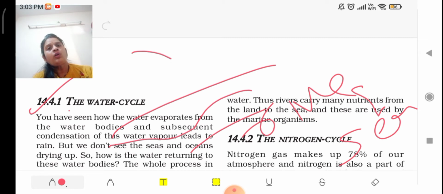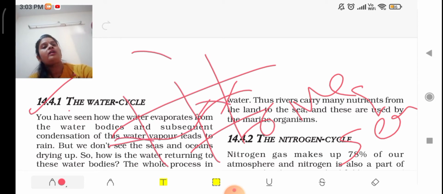Okay, but not all of the water. Some water seeps into the earth. That is called underground water because it is stored under the ground, in the spaces between the rocks. So it is called underground water.